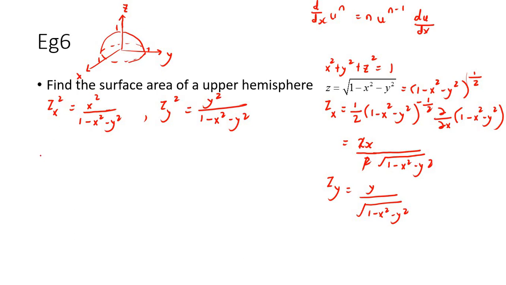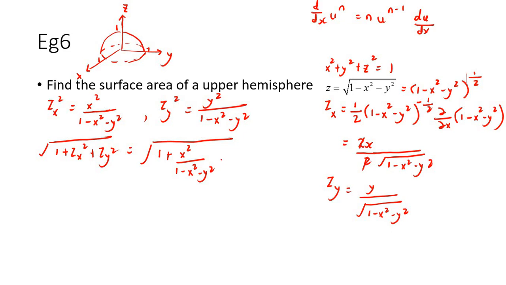And then the square root of 1 plus zx squared plus zy squared, okay, 1 plus x squared over 1 minus x squared minus y squared plus y squared over 1 minus x squared minus y squared. Okay.